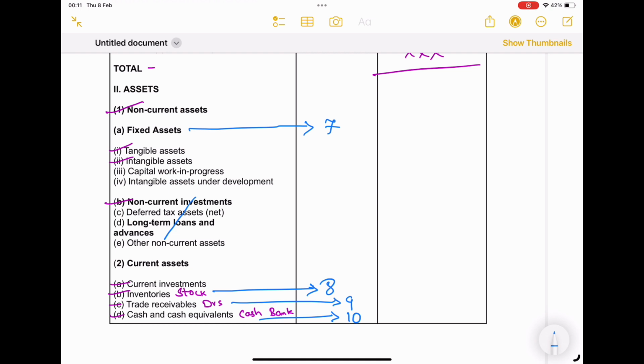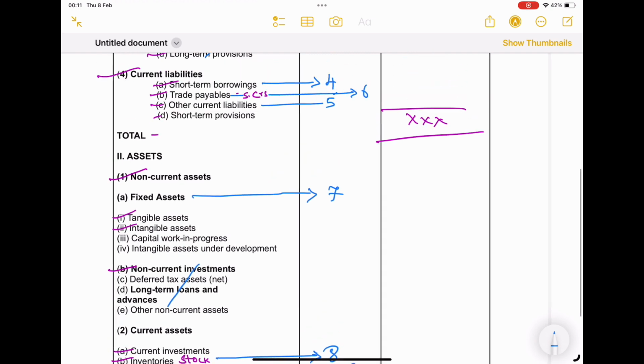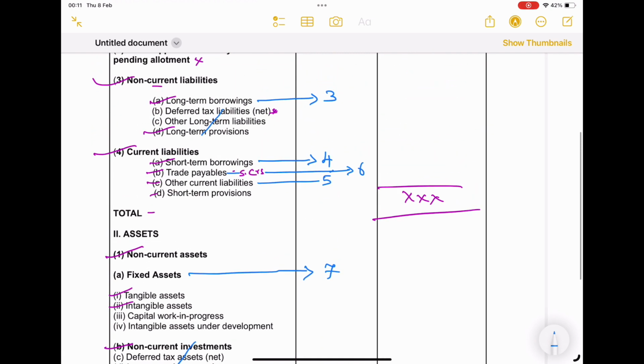Okay, so see guys, the note numbers are not fixed. You can change them. For example, here there is no calculation in other current liabilities. For example, in your question there is no other current liabilities. Just for example I am saying. Instead of mentioning 5, we can ignore this.